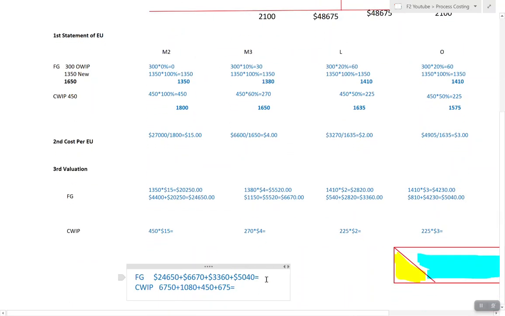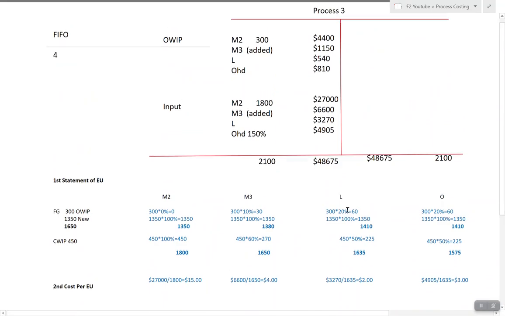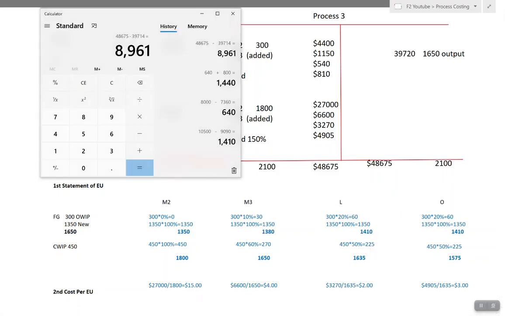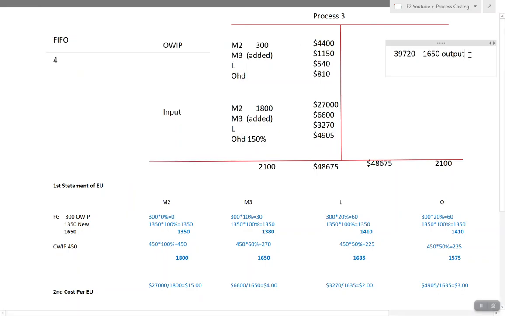Adding it together, all costs become 39,750, 720. This is the 1650 output. So the remaining should be $89.55.